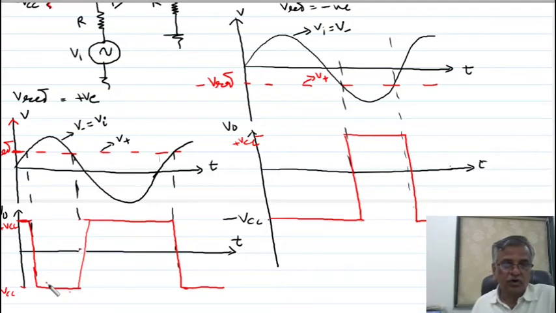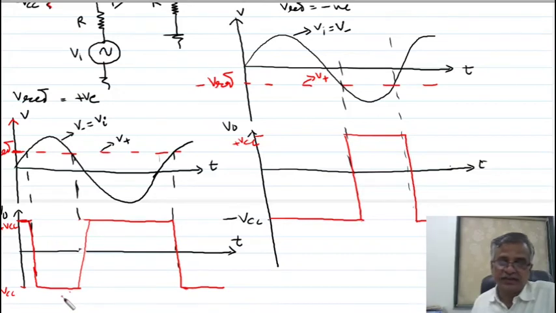The reason is that the op-amp takes a certain time. The output of the op-amp takes a certain time to change from minus VCC to plus VCC, and this is noticeable at higher frequency. If the switching time for the op-amp to switch from one voltage level to another is more than the time period of the input signal, then this is noticeable.